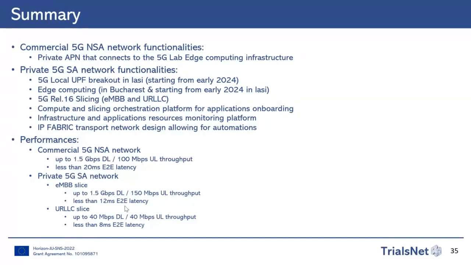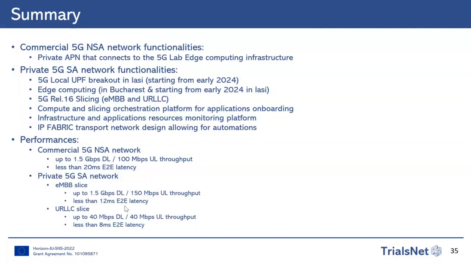For the private standalone network, we will have, starting from early 2024, in Iași a 5G UPF for the local breakout functionality from 5G standalone. In terms of the edge computing, we have that in place in Bucharest already, and again, starting from early 2024, we'll have that also in Iași.